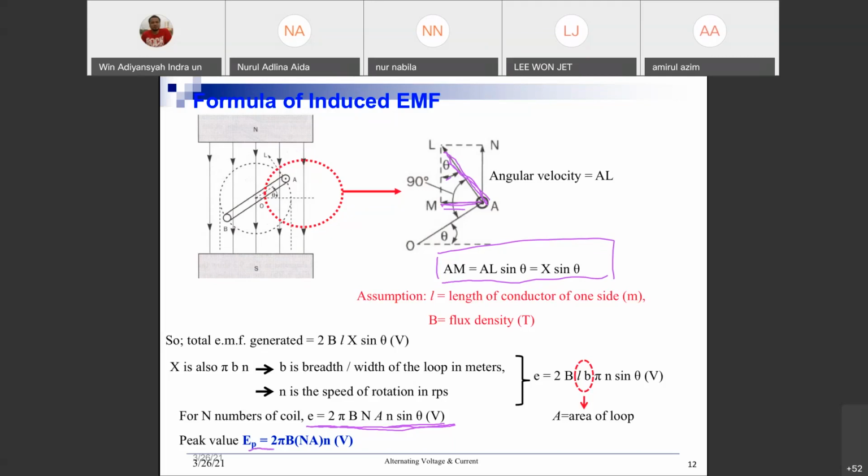For the peak value, you just delete the sine. The maximum of sine is 1, so you replace sine with 1, and you get the peak value.